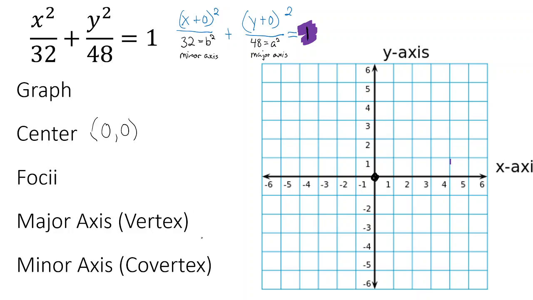So again, if we're working on the major axis first, a squared equals 48. So a equals the square root of 48. Technically, and this works out really nice for us, it's plus or minus the square root of 48. Now, even without my calculator, I know that that's going to be approximately positive or negative, just a little bit less than 7.